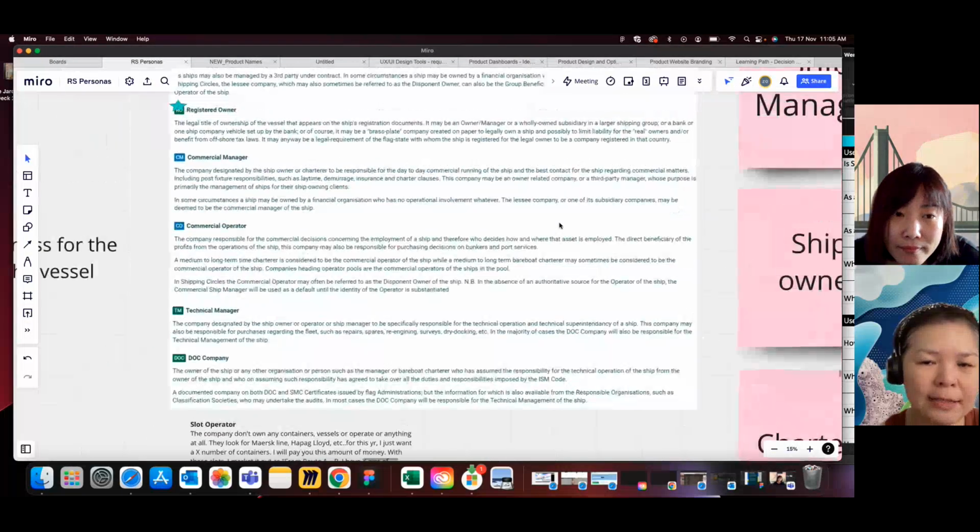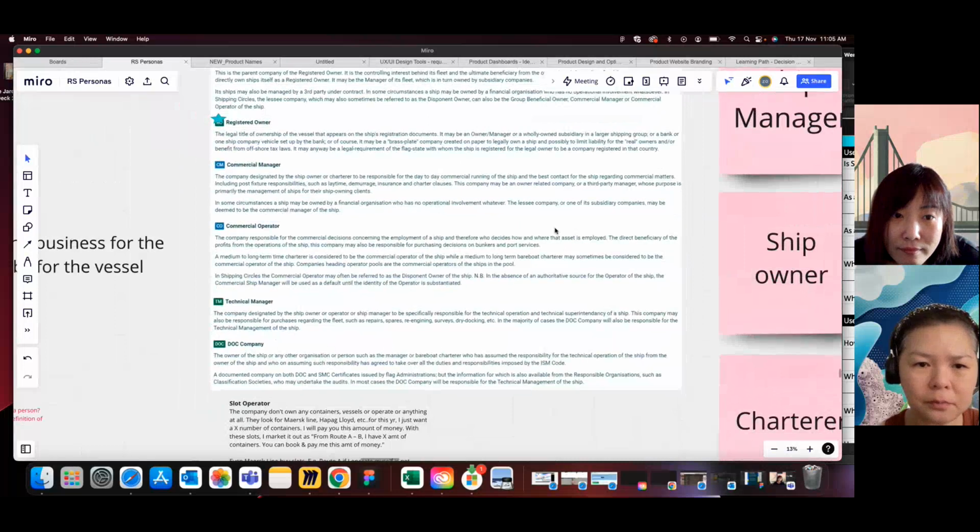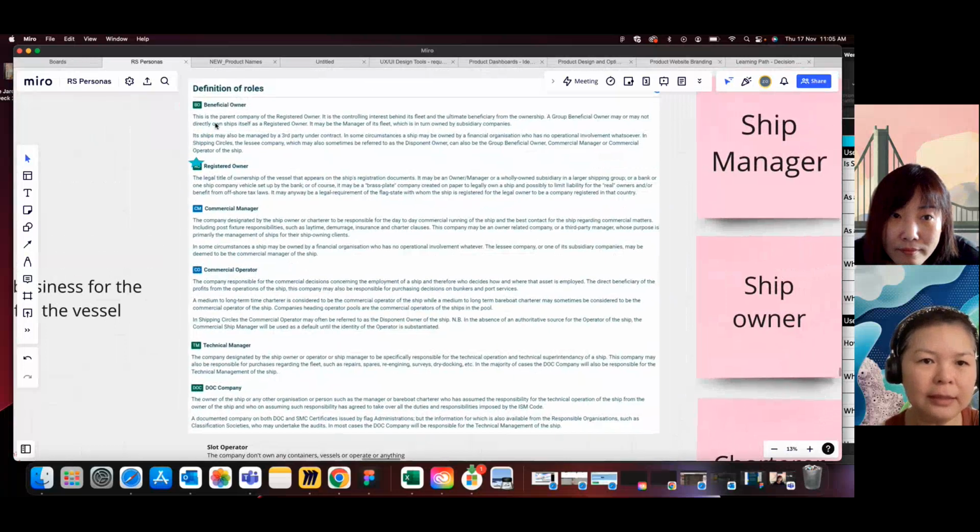But my understanding is that under our RightShip definition of roles, the term vessel operator is not in the list. Based on your understanding, is there any role within this list that is a direct equivalent to a vessel operator?